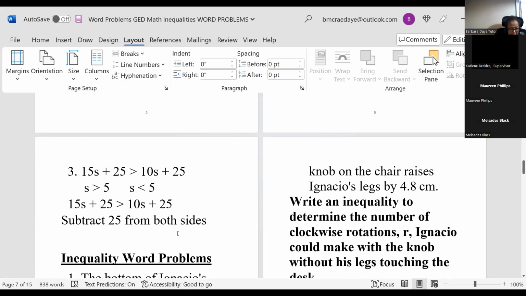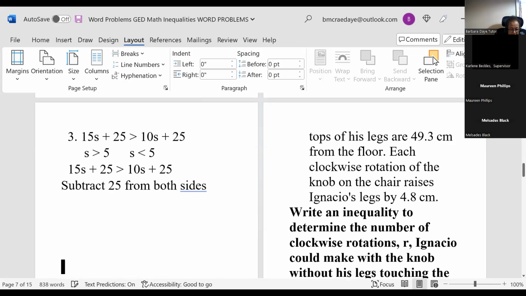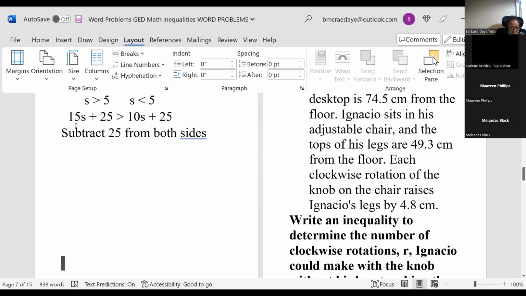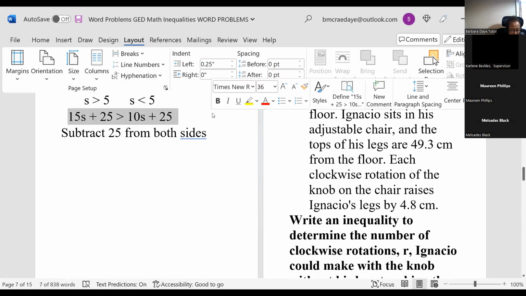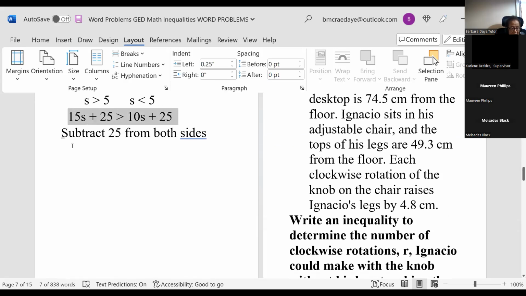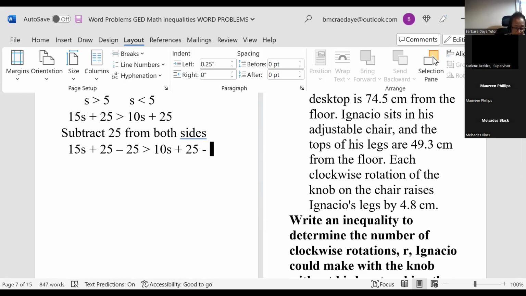Ready? So let's just do that. I'll copy this and put the subtraction in there, 25. Okay, minus 25 on the left and minus 25 on the right. So therefore, what do I get left on the left side?